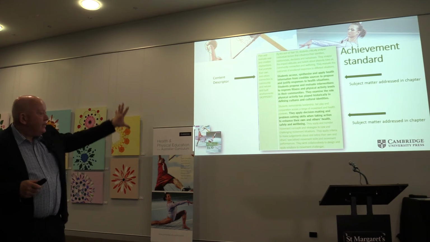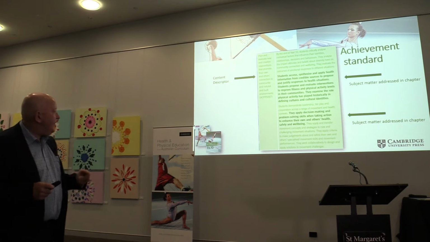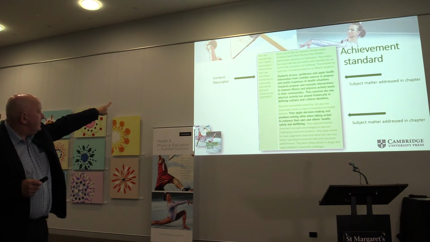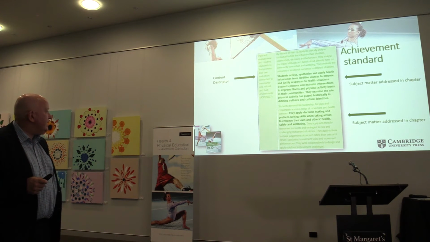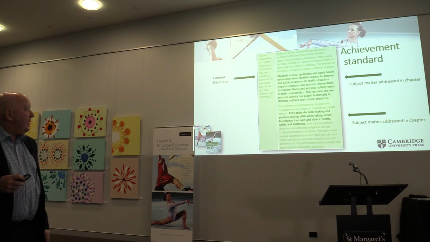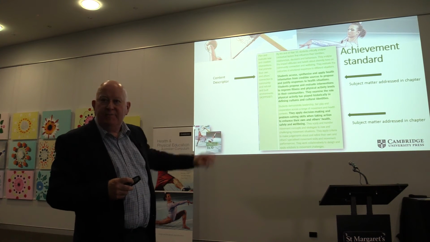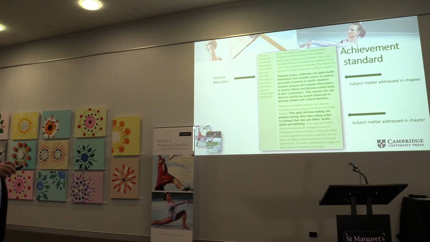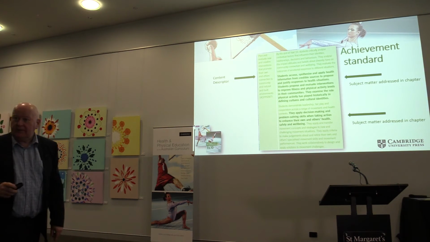So at the start of each chapter on that front page, you'll notice that we've highlighted the content descriptor. So it's featured there, ACPPS 097, and then alongside it is the whole achievement standard. And what we've done is that we've highlighted where the subject matter is being addressed in the chapter.